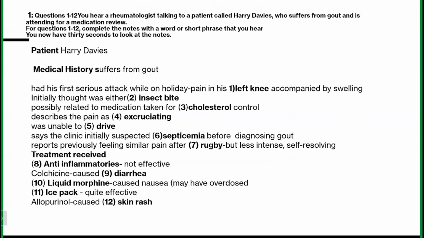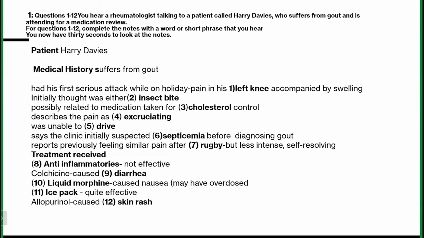Okay, now you can see in your answer options, the first answer you have to write is left knee, and the second option could be an insect bite. Third option, your answer should be cholesterol. Fourth one is excruciating. If you have written S-I-A-T-I-N-G, sometimes they will give you the mark.